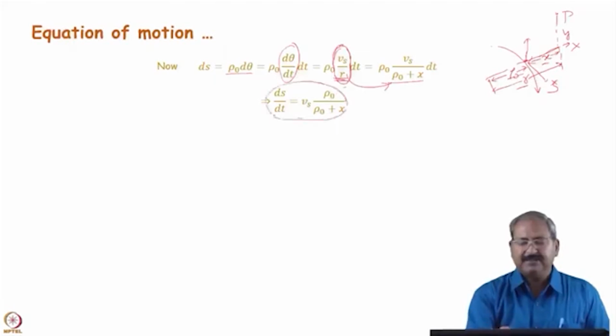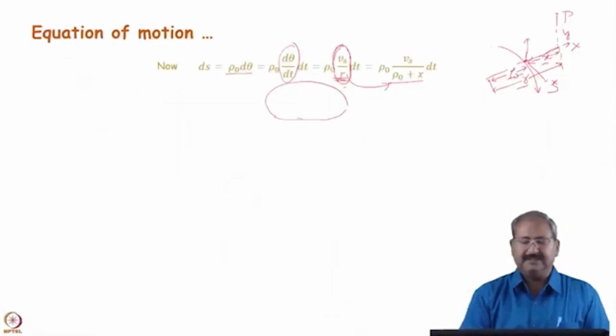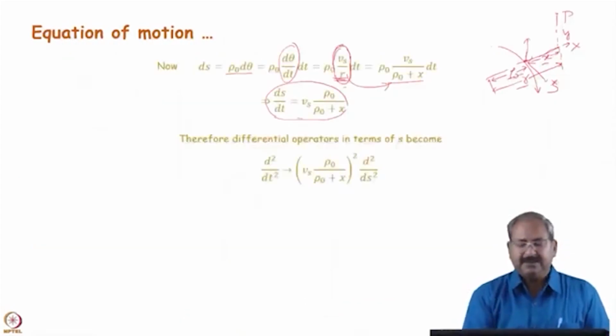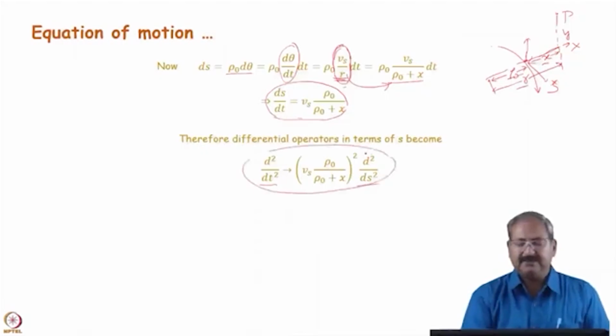So now we have obtained ds by dt also, and in the last slide we have obtained d2 by dt square is equal to ds by dt square into d2 by ds square. So in place of ds by dt in this operator, we put the value which we have calculated recently. So by putting this, our d2 by dt square operator is related with d2 by ds square using this expression.